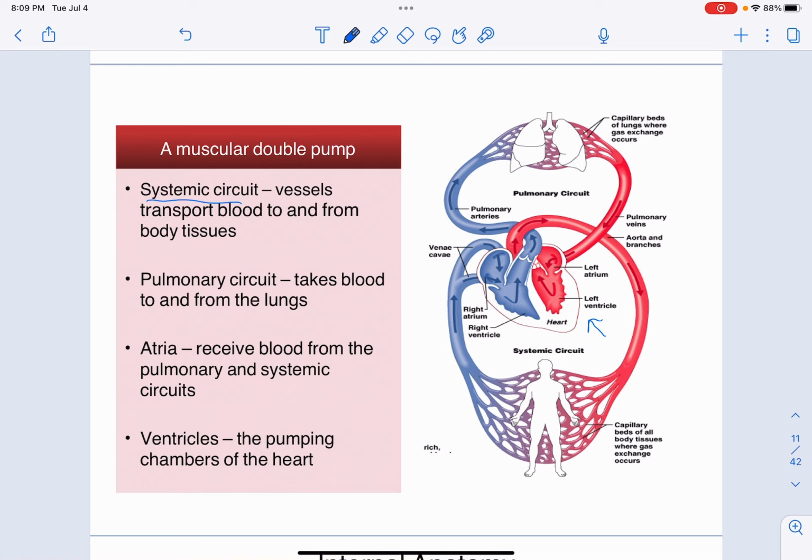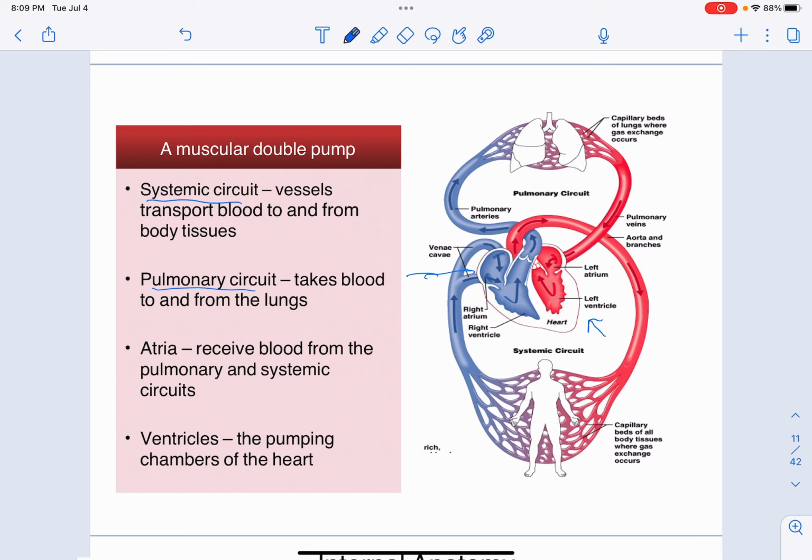The left side of the heart is going to be what is pumping blood to the rest of the body. And then we have the pulmonary circuit, which is the right side of the heart. So the right side of the heart is going to be pumping to the lungs.